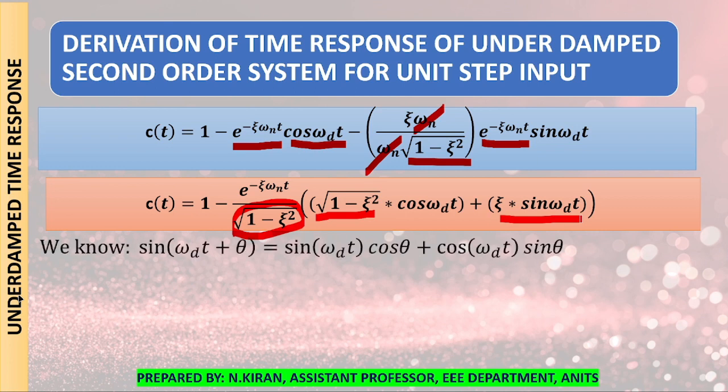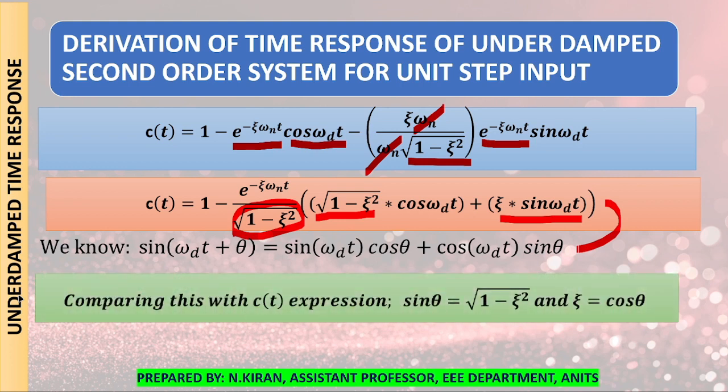This I will compare with the expression sine (omega d t plus theta), which is equal to sine omega d t into cos theta plus cos omega d t into sine theta. If I compare these two expressions, I can conclude that zeta is nothing but cos theta and sine theta is nothing but root over 1 minus zeta square, isn't it?